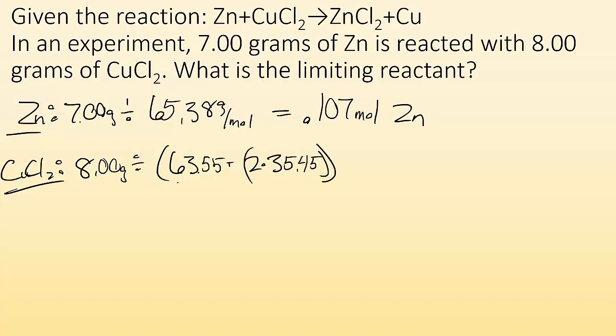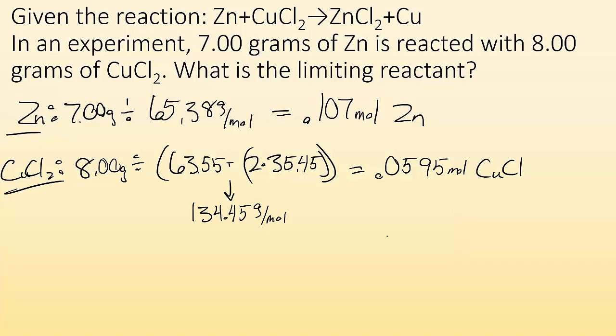And this becomes 134.45 grams per mole. So it's really saying 8 divided by 134.45, and that gives me 0.0595 moles of that copper chloride.